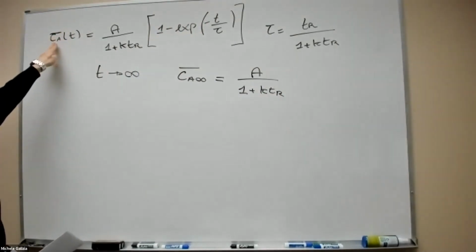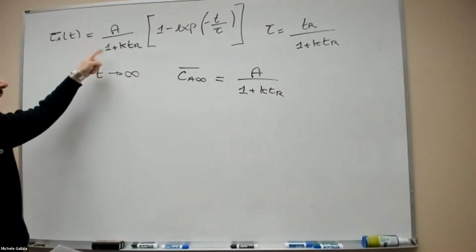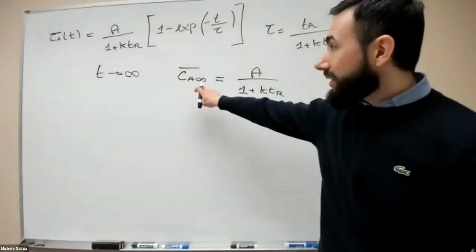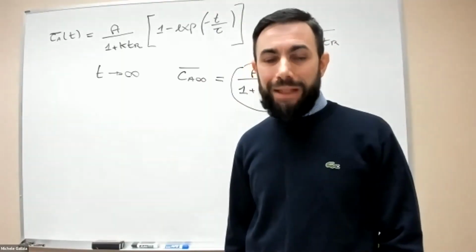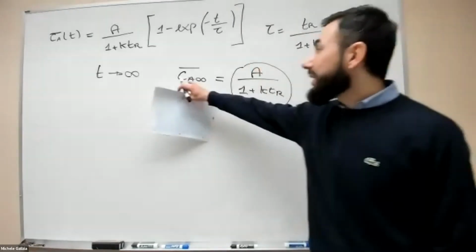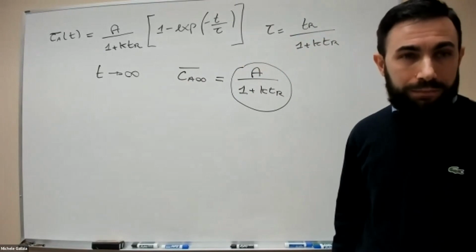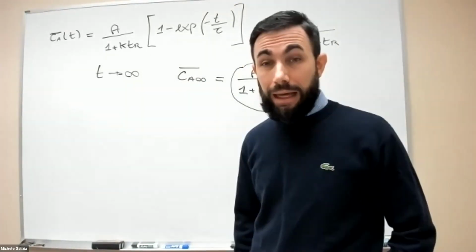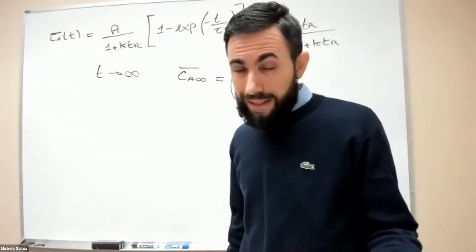So the asymptotic value of the deviated reactant concentration is A divided by (1 plus K TR). Make sense? Yes. Now, guys, do you have this value in the table? Look at the table. Can you tell me what is the value of CA infinity? Don't be shy. Look at the table. It is 1. Make sense? Are you alive? Guys, if you don't respond, I suppose that you understand.